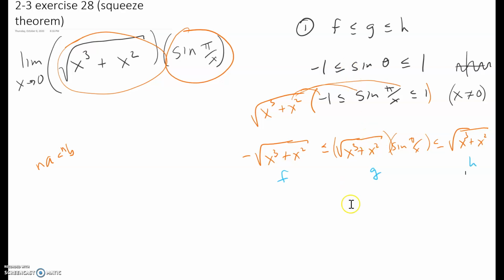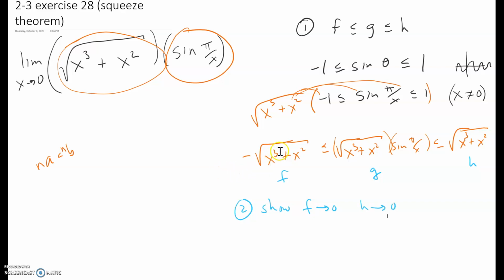Now notice that this function g is exactly the same as the function that we're trying to prove the limit of as x goes to 0. So step 2 is to show that f approaches 0 and h approaches 0.